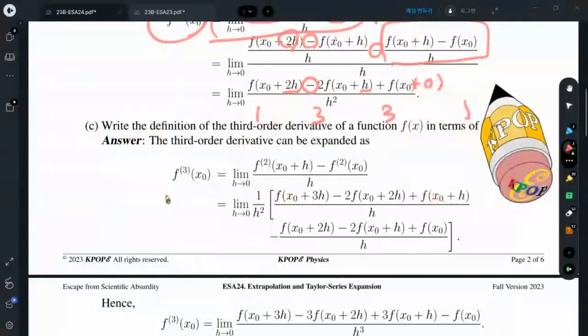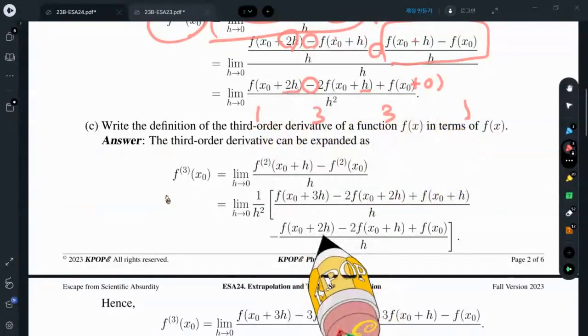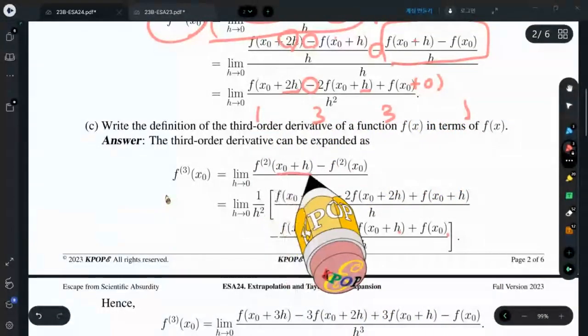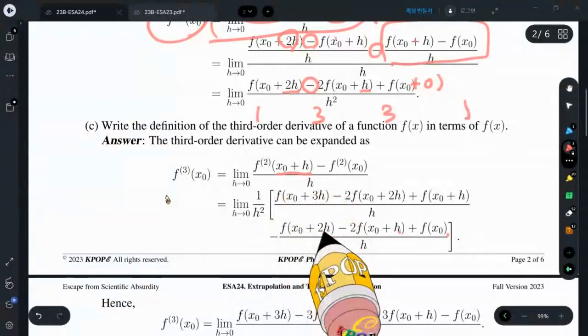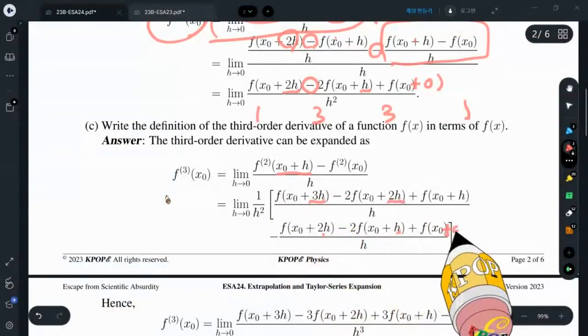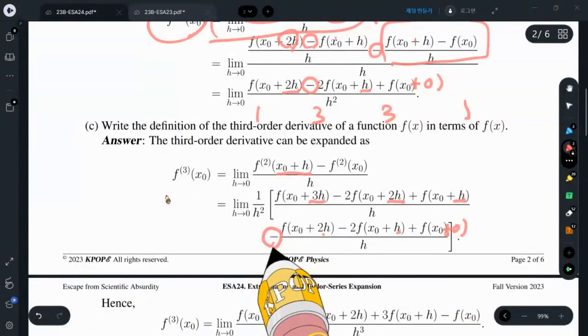I make use of this: 2, 1, 0. That's fine. And I need to shift by 1. The 2 becomes a 3, 1 becomes 2, 0 becomes 1. Okay, and subtract.